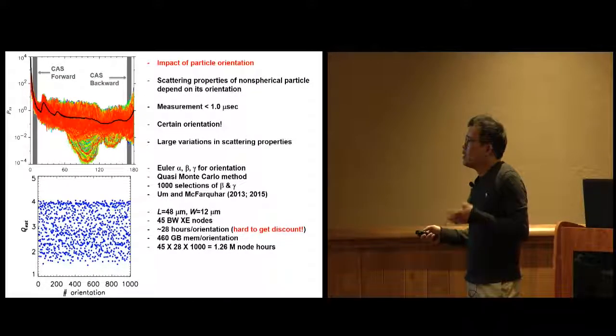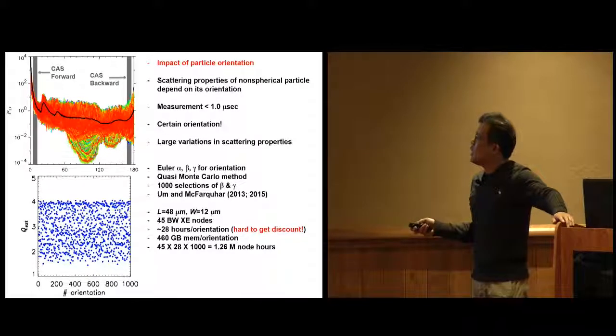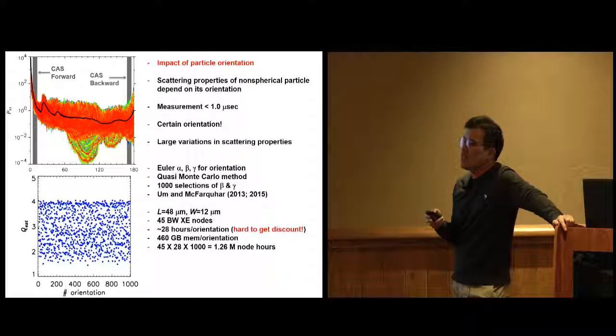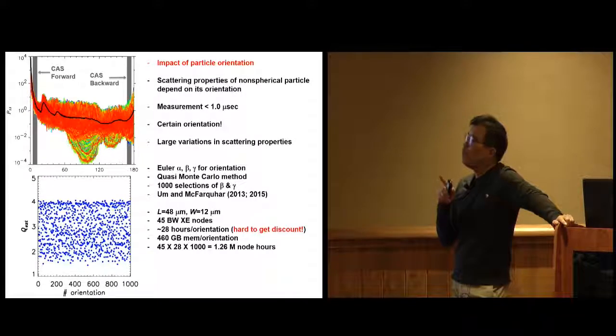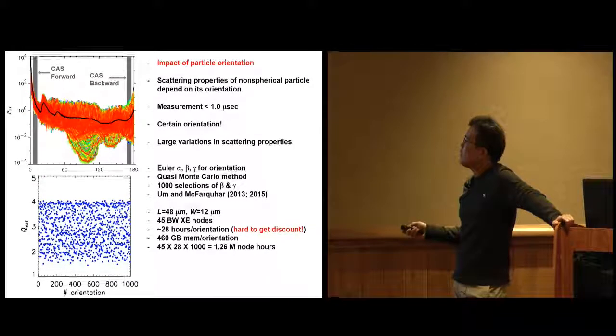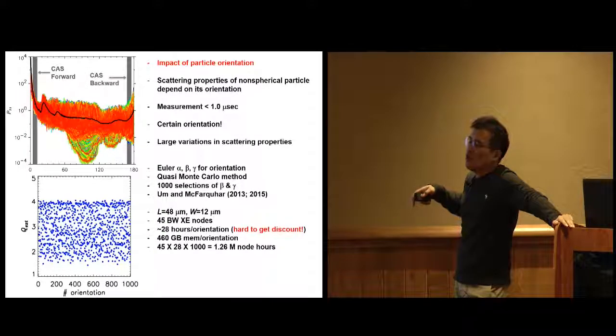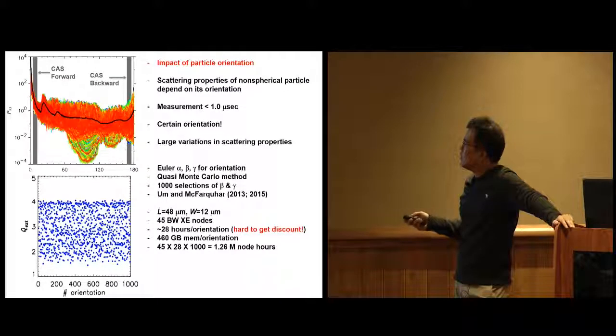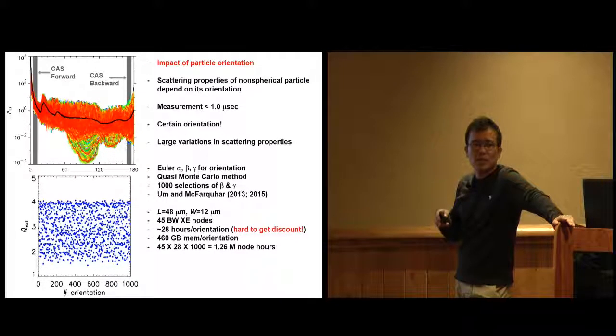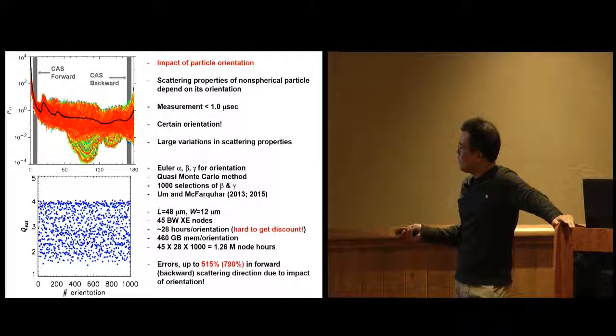For example, to simulate 1,000 different orientations of just one particle, we need 1.26 million node hours, and each orientation has different scattering properties and also different runtime. So it is really hard to get a Blue Waters discount.